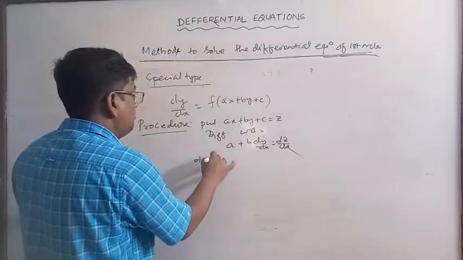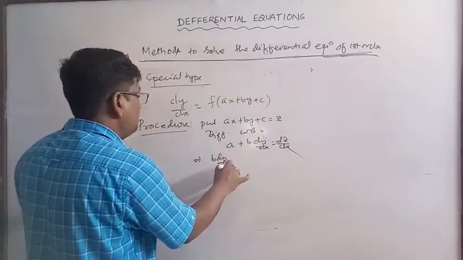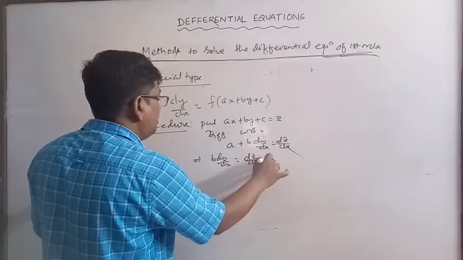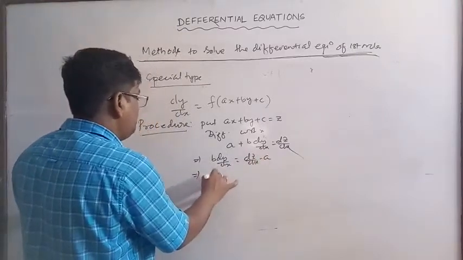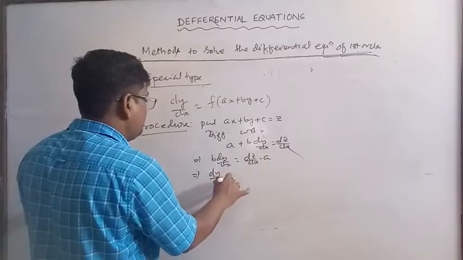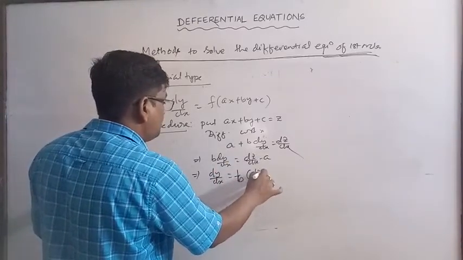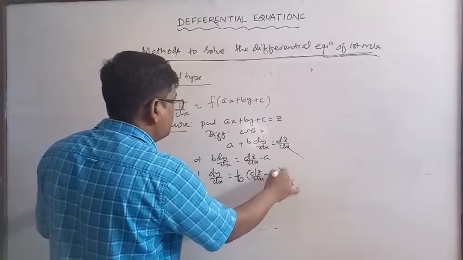Now b dy/dx is equal to what? dz/dx - a. That is, dy/dx = (1/b)(dz/dx - a).